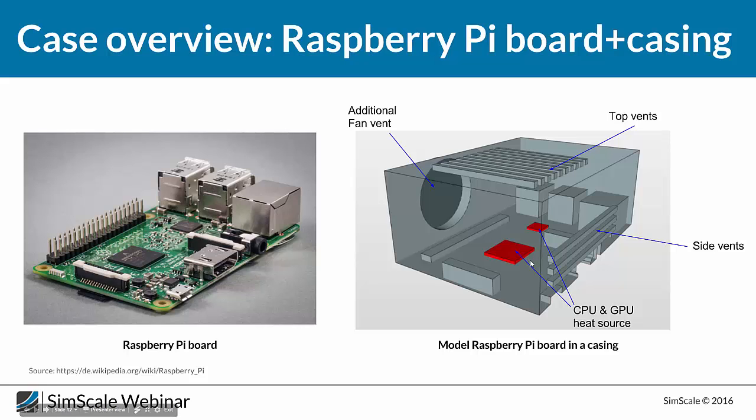On the right hand side, you can see a model created using one of the CAD softwares. The red blocks are the CPU and the GPU. We have some vents which could aid in natural convection, and another vent which could help in forced convection.